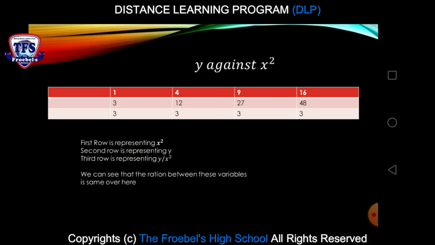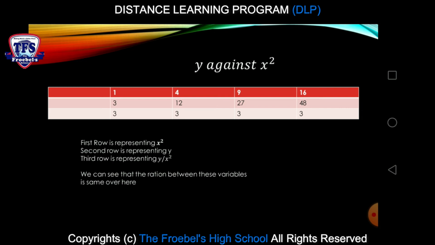Okay, so the ratio or the proportion of y over x square has been found out for you, and we can see that the ratio of y over x square for every entry is equal to 3. We can see that the ratio between these variables is the same over here, and that's the major difference between this example and the previous example.